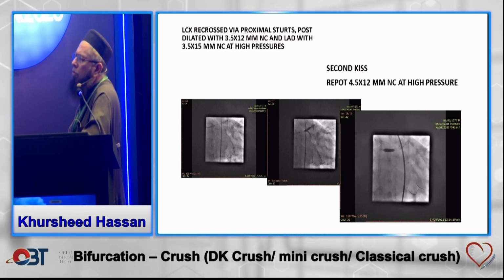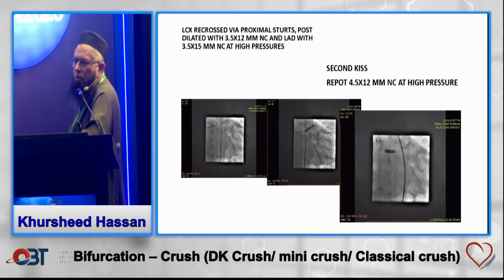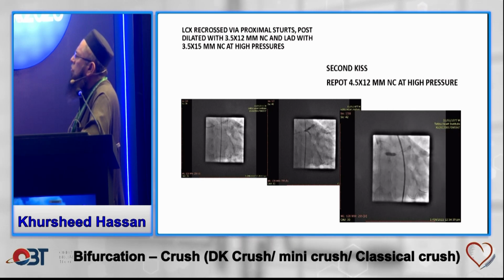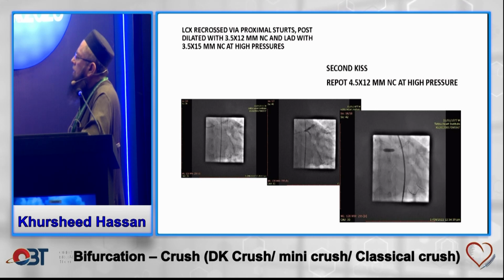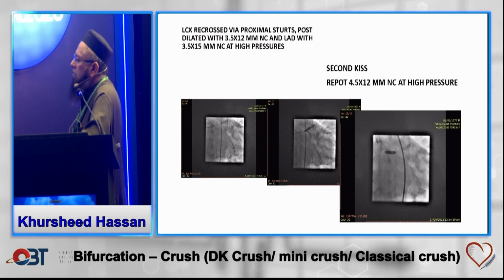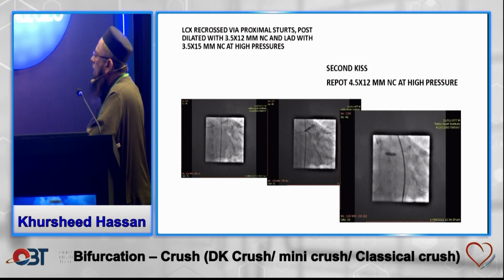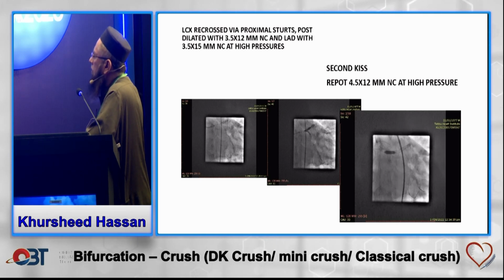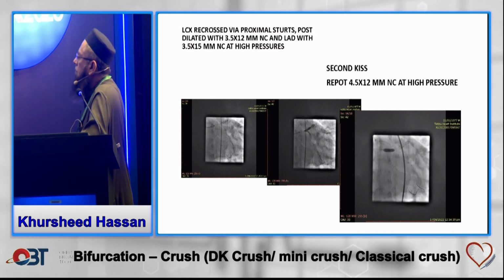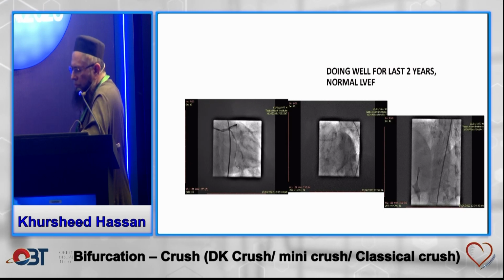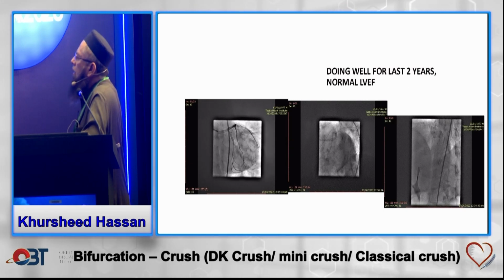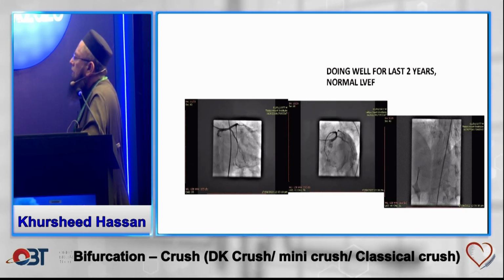Make sure you do not protrude more than 1 or 2 millimeters into the left main. Simultaneous, 10 atmospheres. And then you do the repot. Repot should be done at high pressure, and this is the final result.